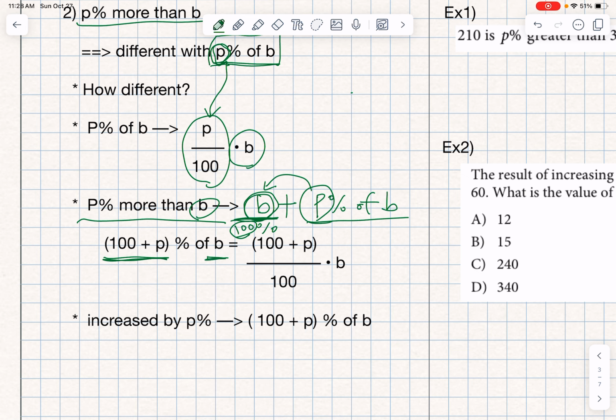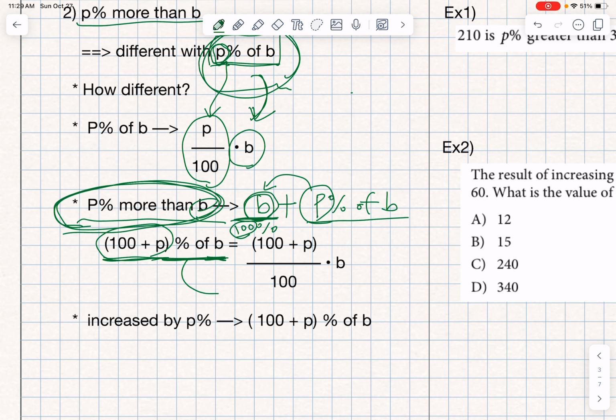So the difference is, p% of b is simply p as a fraction, p over 100 times b. But if it is p% more than b, then you add 100 to the p. So eventually that becomes 100 plus p% of b. Changing this to a fraction, 100 plus p over 100 times b.